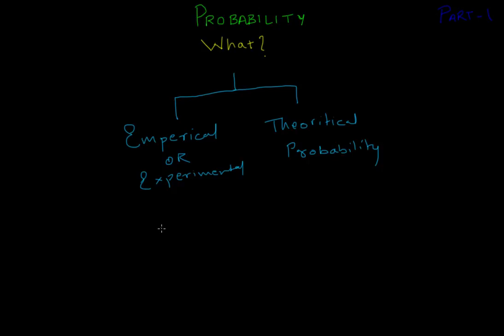Theoretical probability is something that you will be learning in class 10th, and empirical probability is what you are learning this year. So what is empirical probability?